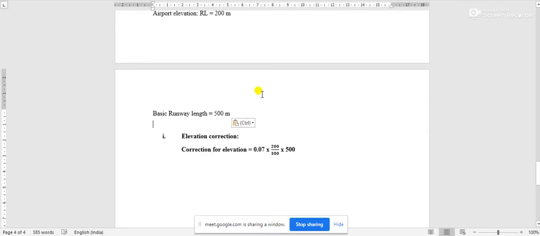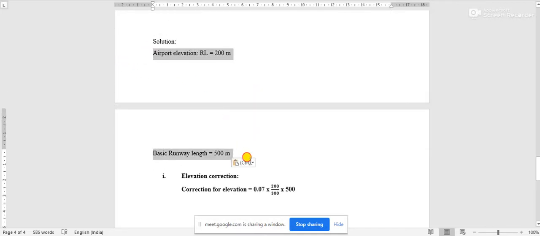I can write it down here also. Basic runway length is 500 meter.